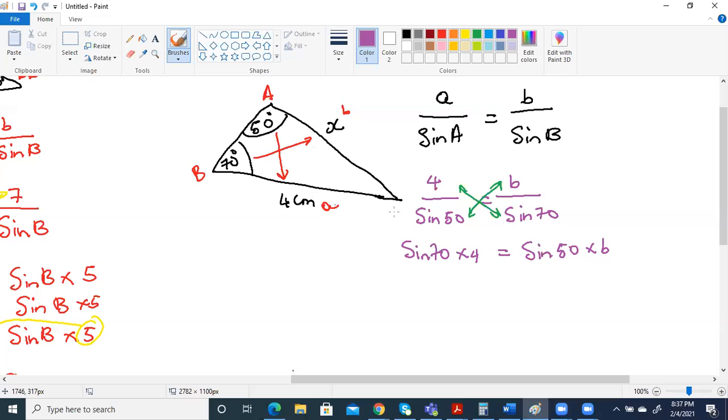All right, I'm going to put 0.939 times 4 equals sine 50 times b. So 0.939 times 4 gives you what?